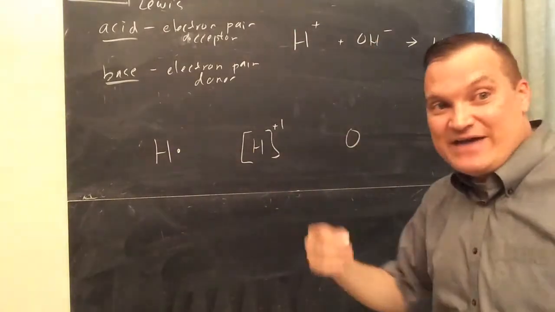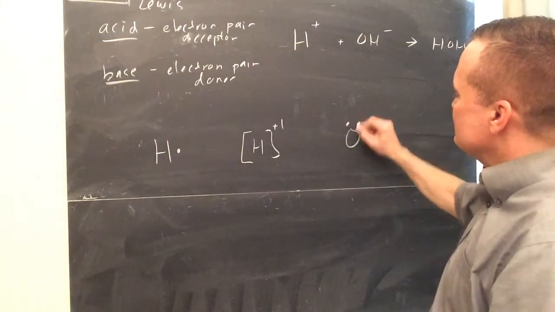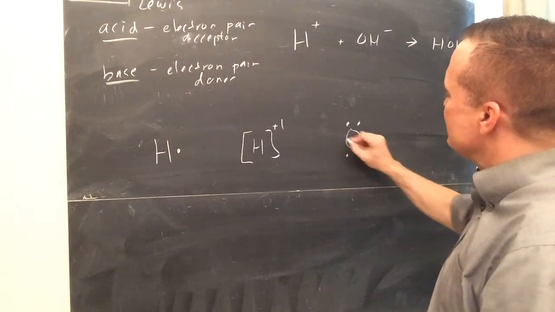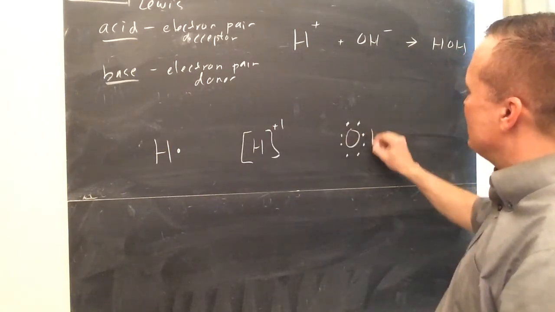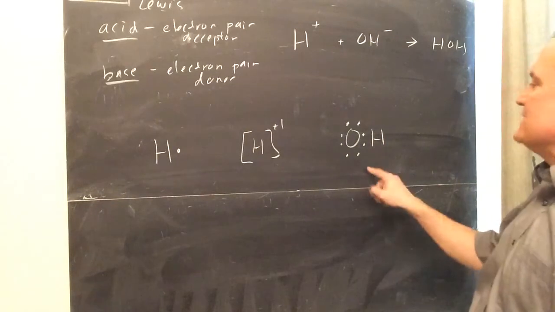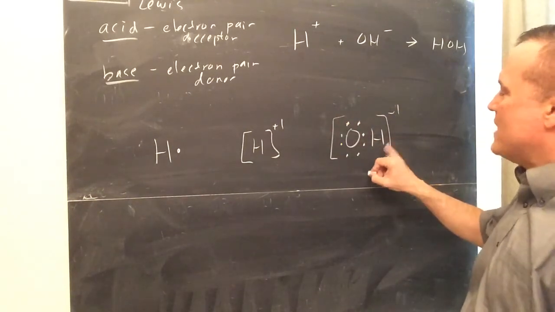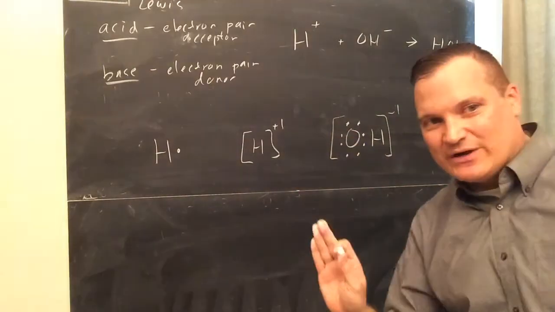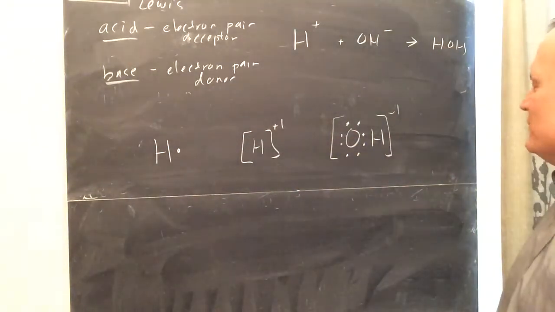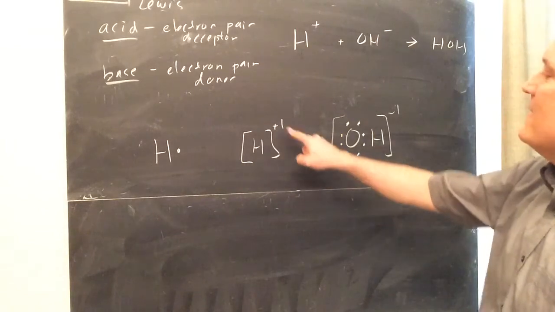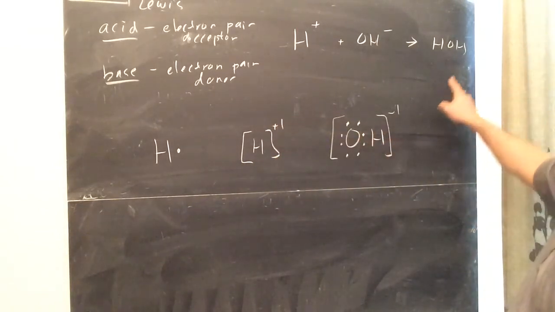A negative 1 charge means you have to have 8, so you have 8 dots: 2, 4, 6, 8, and we put the H on it. That's hydroxide. You also have to put brackets. Anytime you have a charged particle or molecule, you must put brackets around it, or you will not get credit for that on the AP. So that's the acid, that's the base, and that's water.